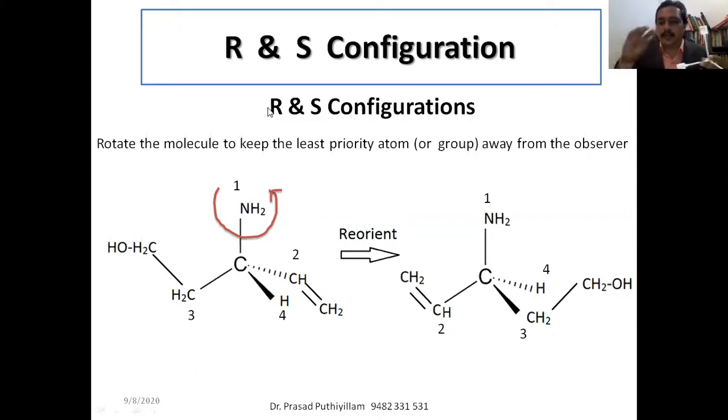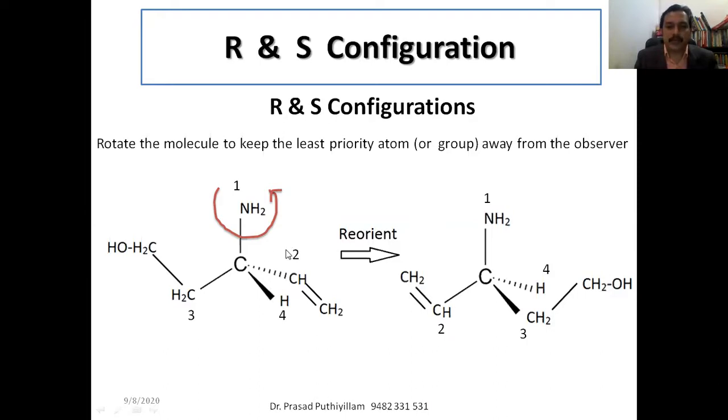Okay, just by rotating the molecule, we can say that the hydrogen will go back, and that CH2 goes towards the left side direction. So what we see here on the screen, the hydrogen I'm pushing backside.